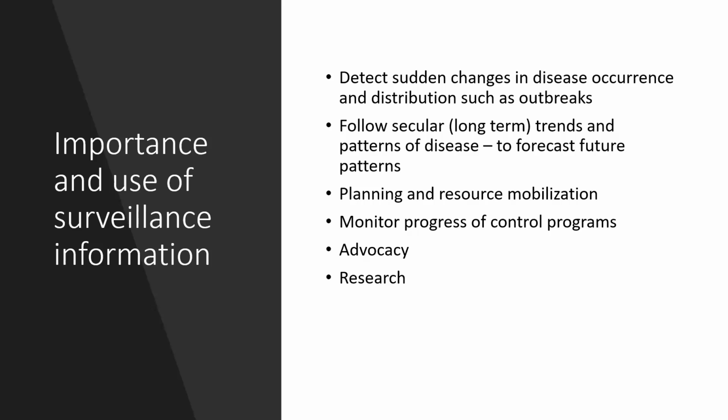That's surveillance information at its best. So that was daily surveillance. Every day, from wherever cases came up, everybody would report into a central system. The central system would collate it and then make it public. So when you saw the number of cases starting to come down every day, and they were announcing fewer and fewer cases, that told you that there was progress being made in your control program.